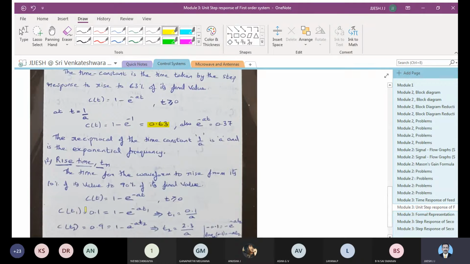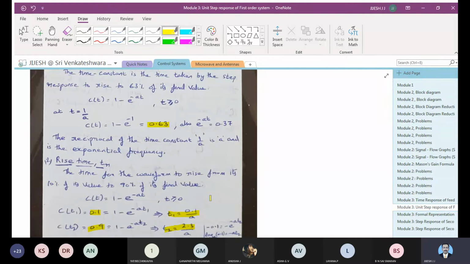For t1 I substitute 0.1 in 1 minus e to the power of minus a t1, and for t2 I substitute 0.9 in 1 minus e to the power of minus a t2. From these two equations we can find t1 and t2. The time between t1 and t2 is called the rise time, denoted as TR.